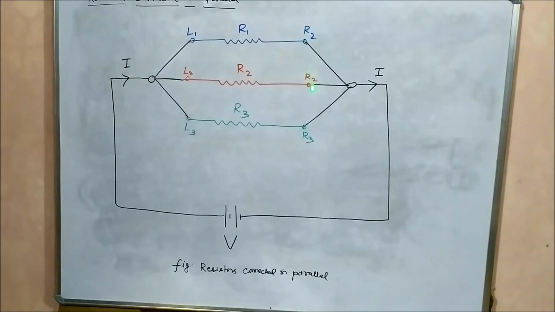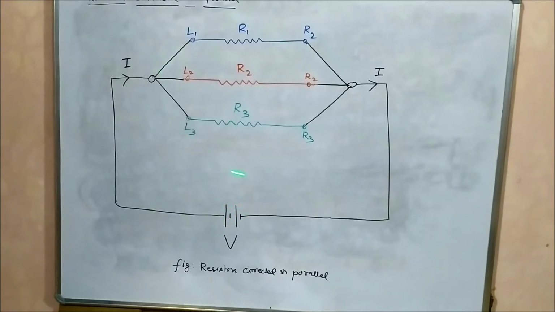The right ends of R1, R2 and R3, the three right-hand points, are connected together at one point, and these two points are connected to a voltage source V.